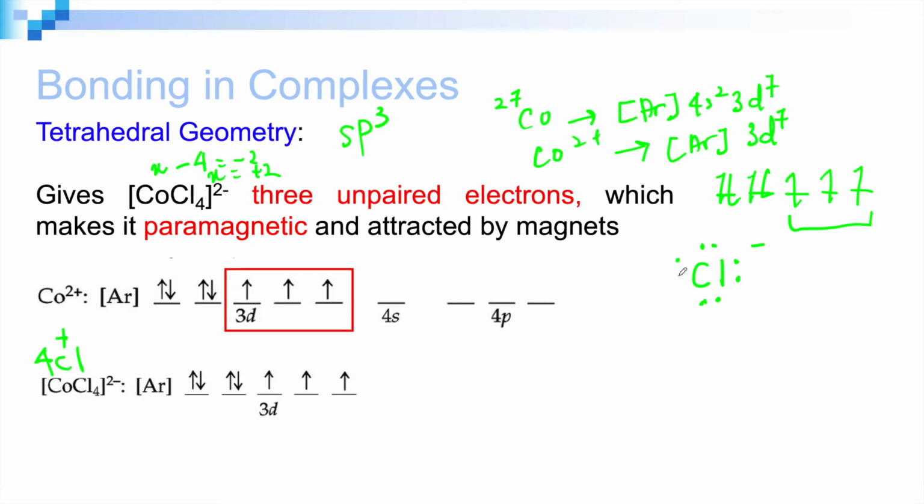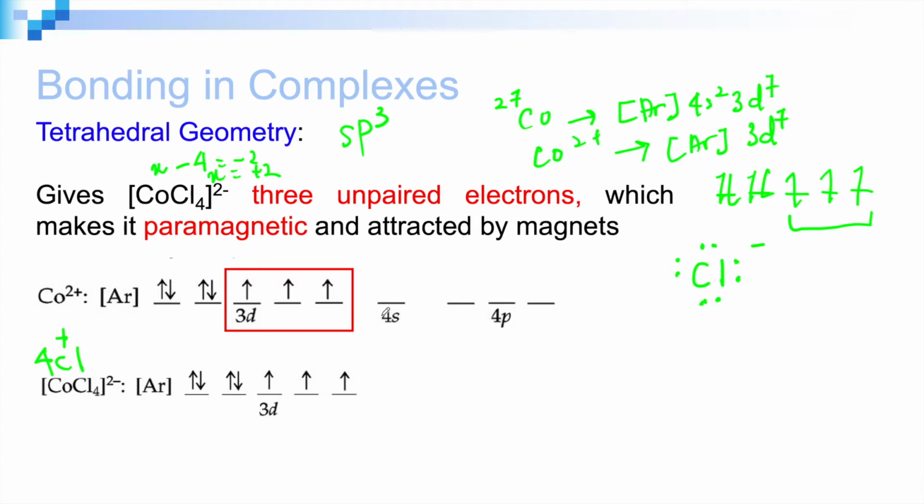This chloride is a ligand, a monodentate ligand, because it has a lone pair. Because we have 4 chloride, it means the chlorides share 4 lone pairs, so 4 times 2 gives you 8 electrons.